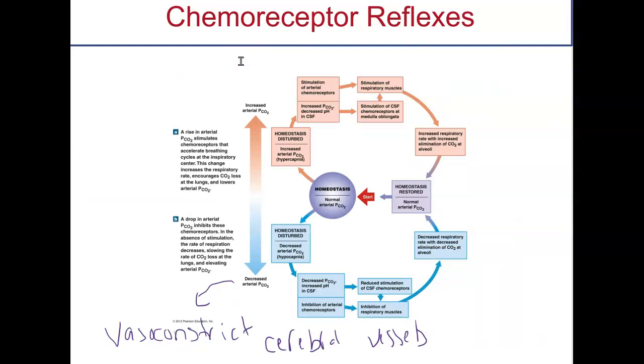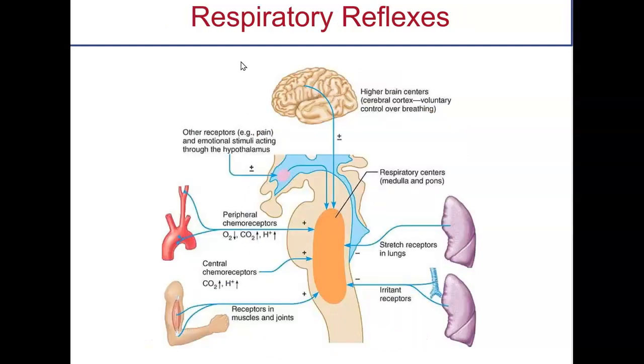So our respiratory rate is primarily determined by our CO2 levels. Now, there are some other reflexes that affect it. So again, when we're looking at what makes us breathe, our respiratory drive, the number one factor is our CO2 levels because it affects the central chemoreceptors. My O2 and hydrogen in my blood affect the peripheral, but they're not main players in controlling respiratory rate.